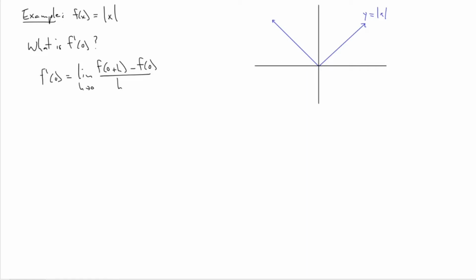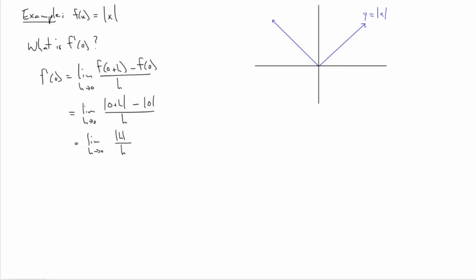Well, by definition, that derivative is the limit as h approaches 0 of f of 0 plus h minus f of 0 all over h. And that's the limit as h approaches 0 of the absolute value of 0 plus h minus the absolute value of 0 all over h, which of course simplifies to the limit as h approaches 0 of the absolute value of h over h. And then the question becomes, does this limit exist?